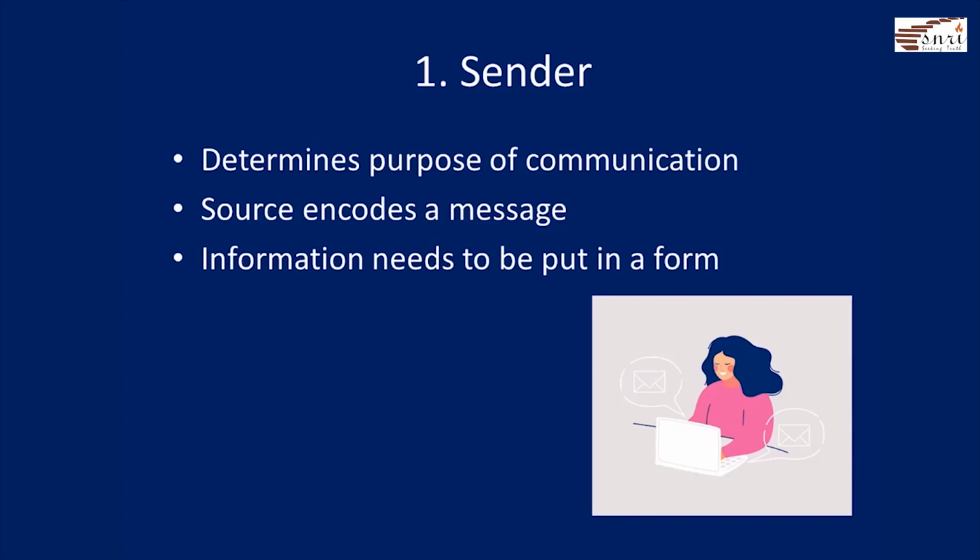Now, the source generates a message including his thoughts, experiences, feelings, etc. So, in a way, our past experiences also play a very important role when it comes to the mood and the type of communication that the sender does.